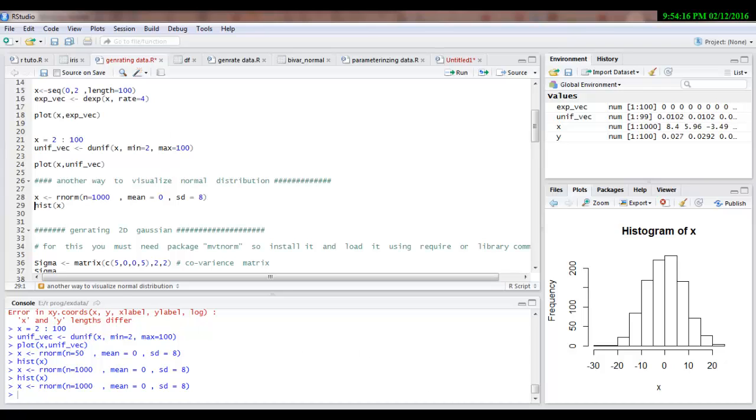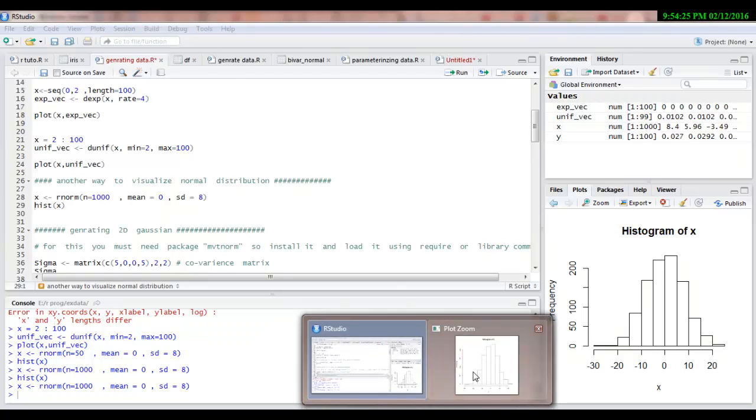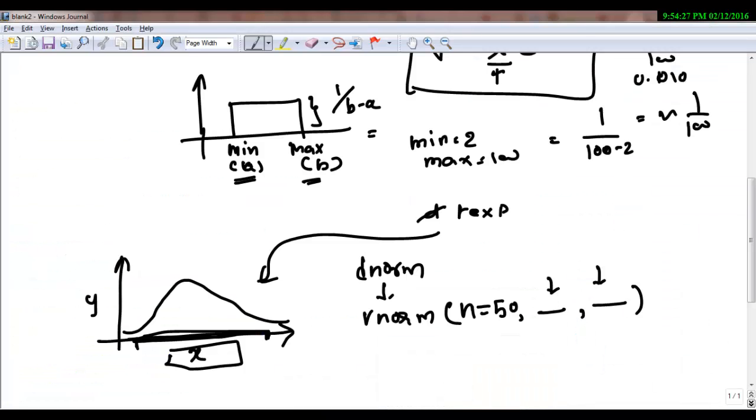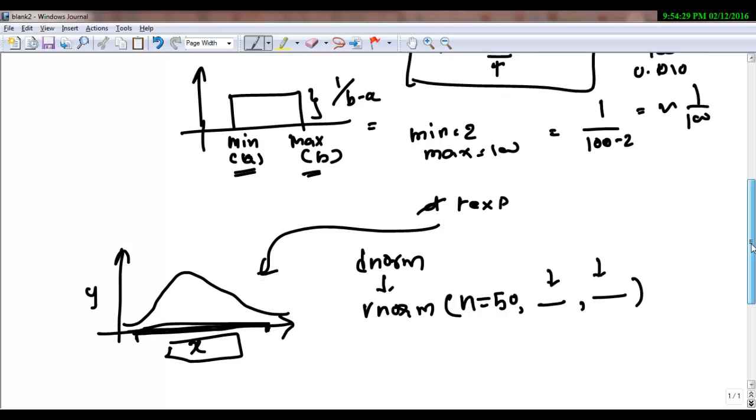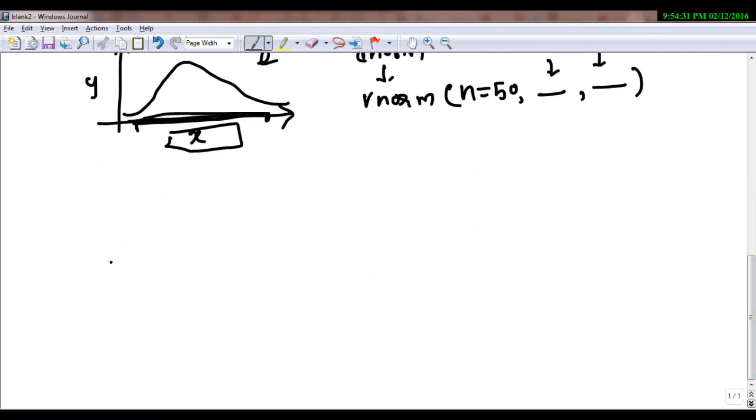Now if I want to verify that the numbers I have generated are in a normal form, I cannot use the plot function, because plot basically takes a y coordinate and an x coordinate and then gives you the answer, showing where they belong. But now I have only an x distribution.